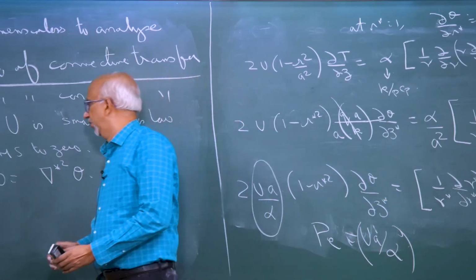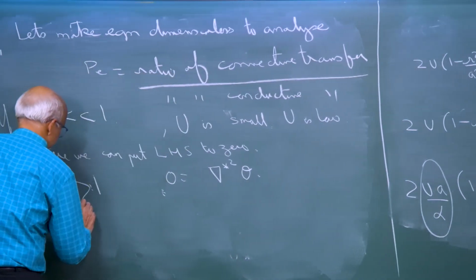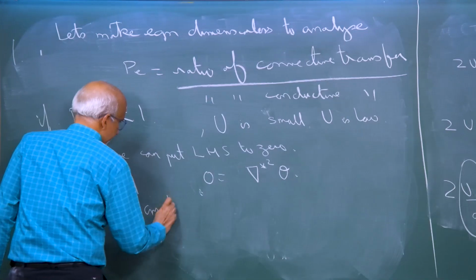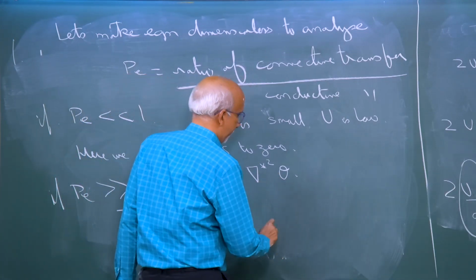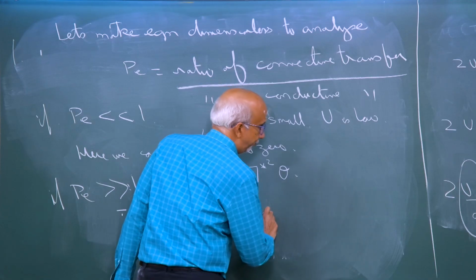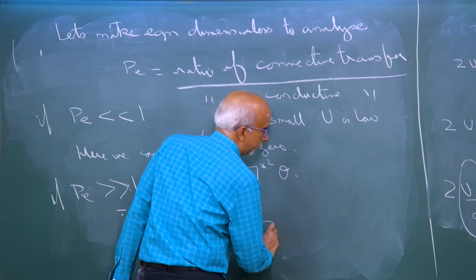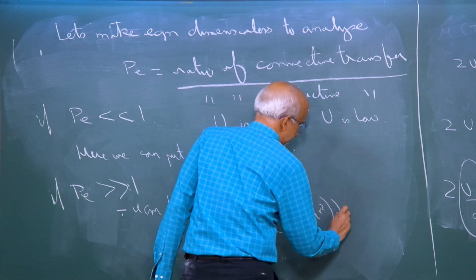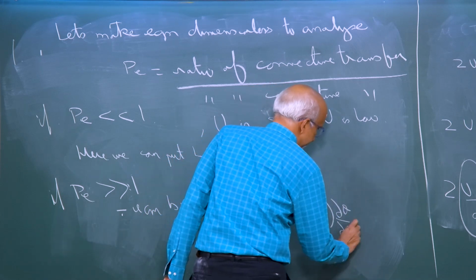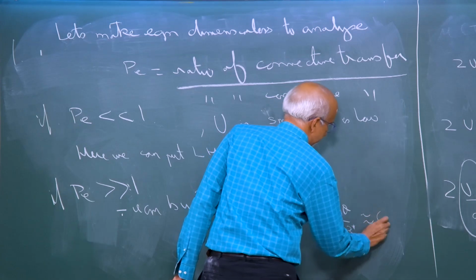We divide the equation by Peclet number and what do you get? 2 times 1 minus r star squared d theta by dz star is approximately 0.